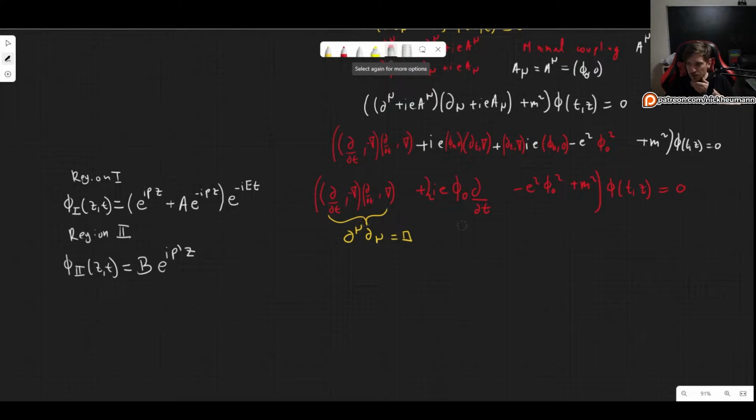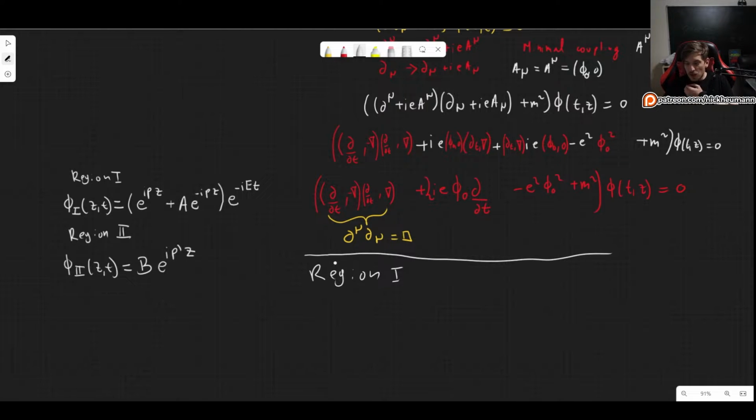Okay, so if we do that, we need to insert it here. Of course, we'll have two different results, one for each region. Maybe let's just write it down here so that it's a bit clearer. So in region 1, we have to use this wave function right there.